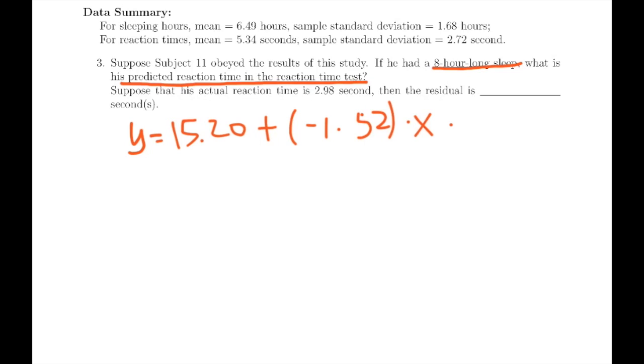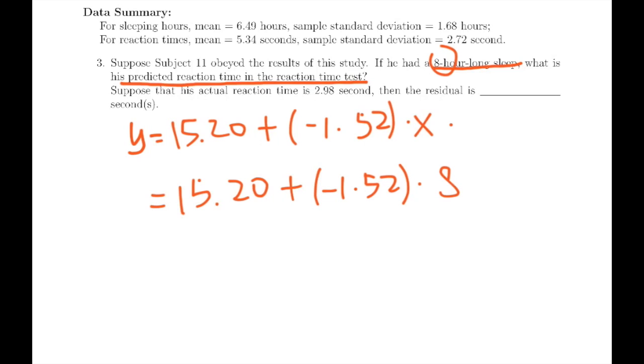And here we have sleeping hours equal to 8 for subject 11, so we plug in. That is 15.20 plus negative 1.52 times 8. So if we do the calculation, we have its predicted reaction time is equal to 3.04 seconds.